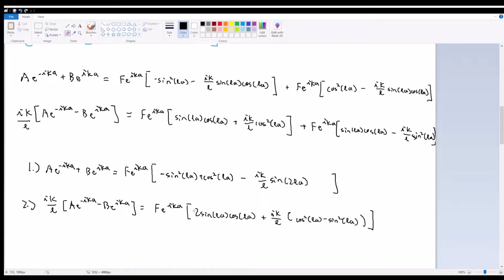Same thing down here, this is just sin(2la). Then cos² minus sin² is cos(2la). Similarly, negative sin² plus cos² is also cos(2la).